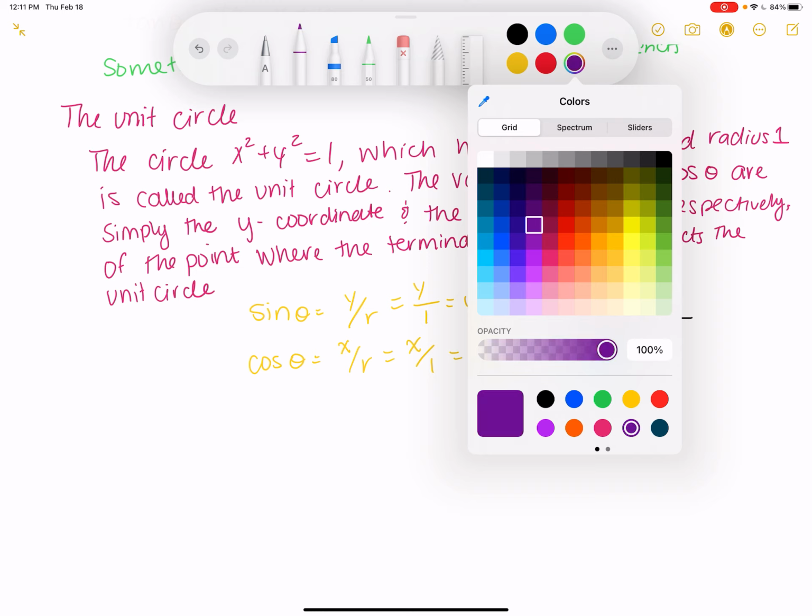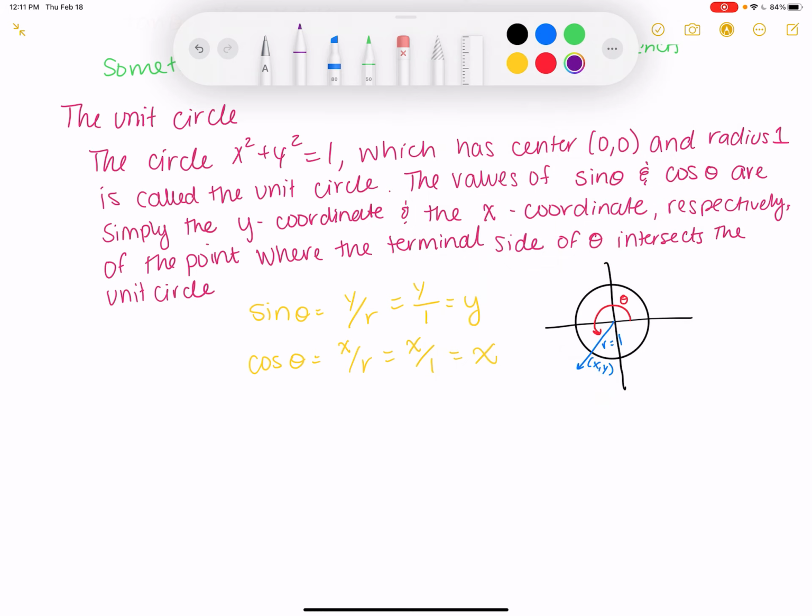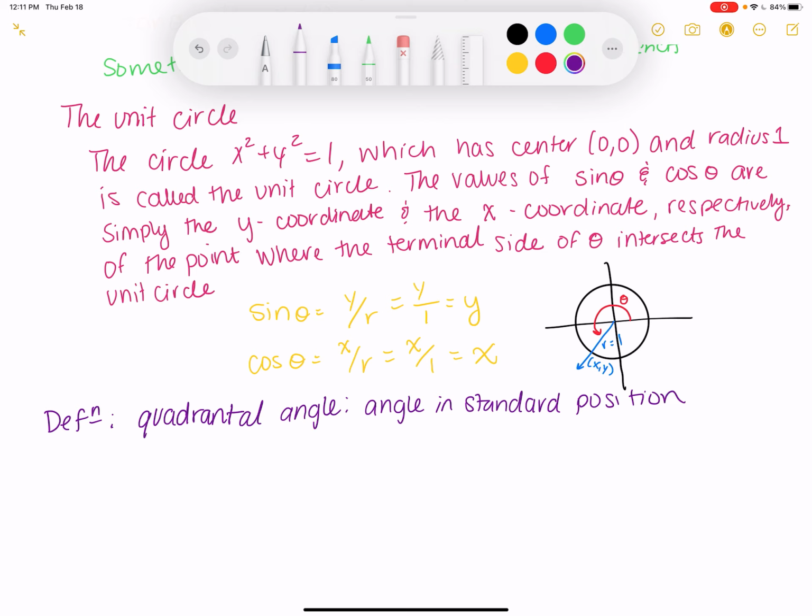Let's just go purple. So then we have another definition. A quadrantal angle is an angle in standard position whose terminal side lies on an axis.